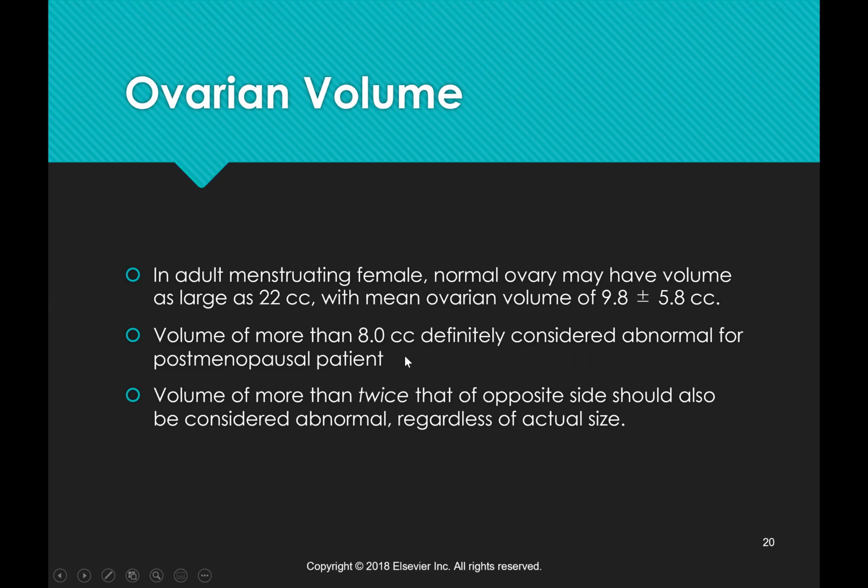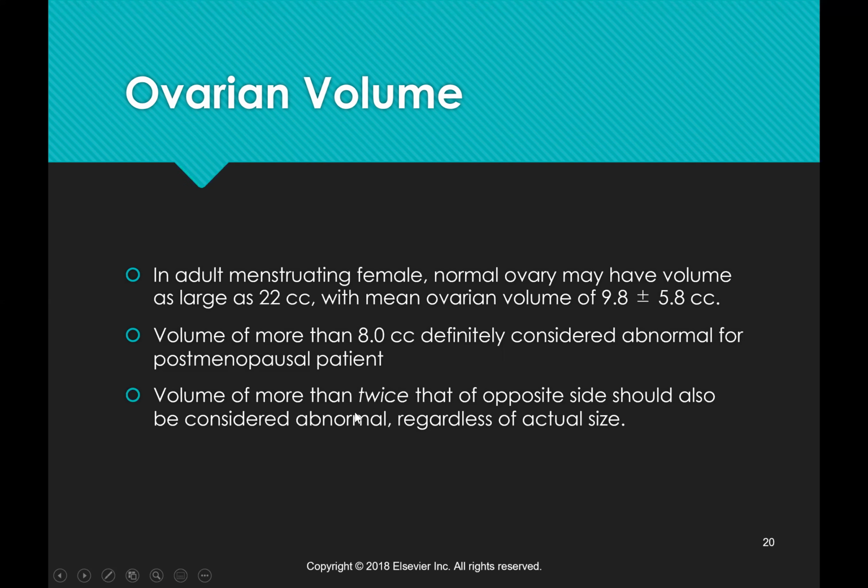A volume of more than 8 cc's is definitely considered abnormal in a postmenopausal patient. So if you think about it, normal ovaries in postmenopausal patients should be atrophied. If you see one that looks about the same as a patient that's not gone through menopause, there could be some potential of something going on, like malignancy or such.